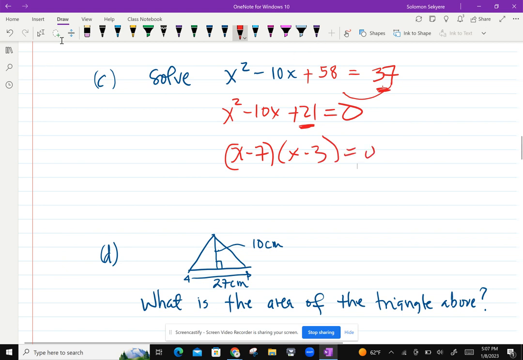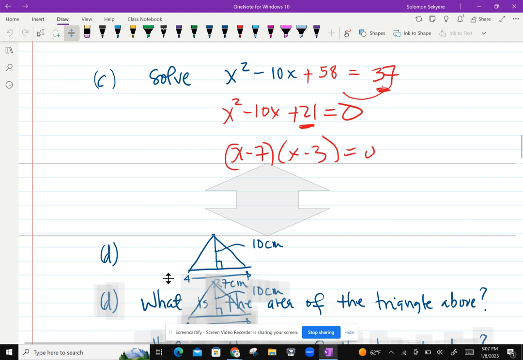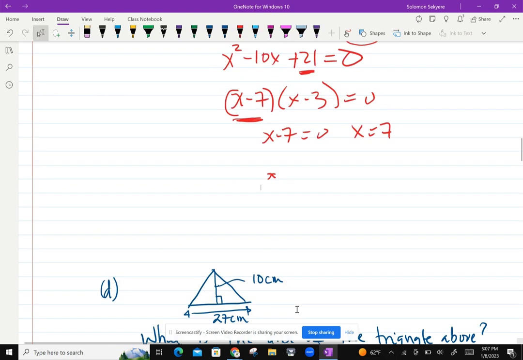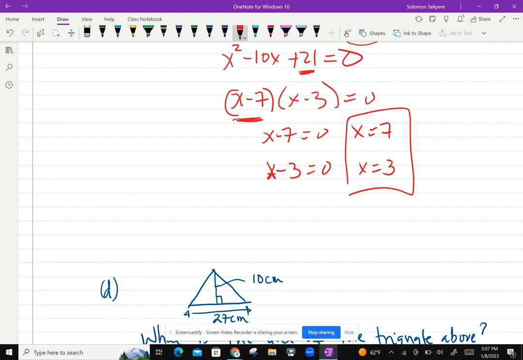That's what I have, right? So once you have that, either x minus 7 equals 0, which means x equals 7, or x minus 3 is also equal to 0, which means x equals 3. So these are your solutions.